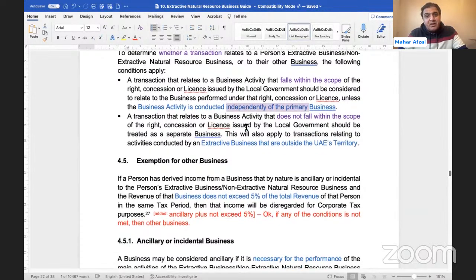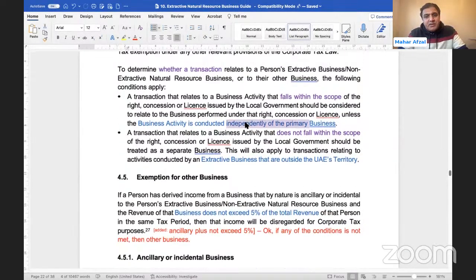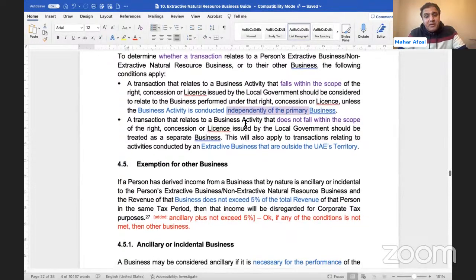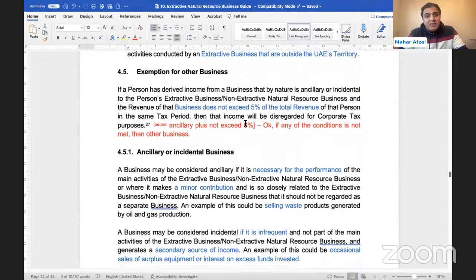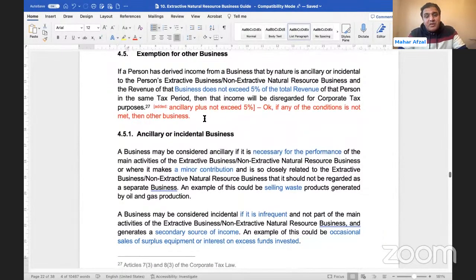If a transaction is not related to extractive and non-extractive natural resource business, it will be assumed that the company is out of the extractive and non-extractive natural resource business. Exemption from the businesses, this is exemption, ancillary activity plus 5%. Okay, this will be exempt because it will be assumed the company is purely doing extractive and non-extractive natural resource business.